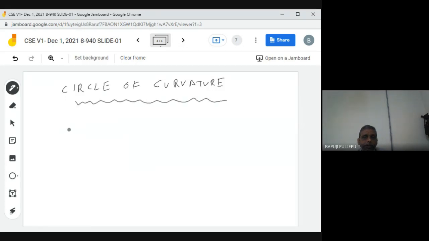Circle of curvature, what you will get is (x minus x bar) whole square plus (y minus y bar) whole square is equal to rho square. The radius of curvature is equal to rho, the radius, and x bar y bar is the center. If they ask circle of curvature, you should prove that LHS is equal to RHS like this.